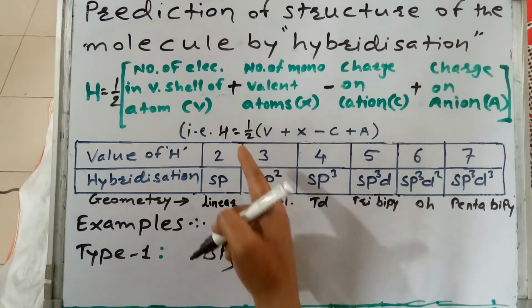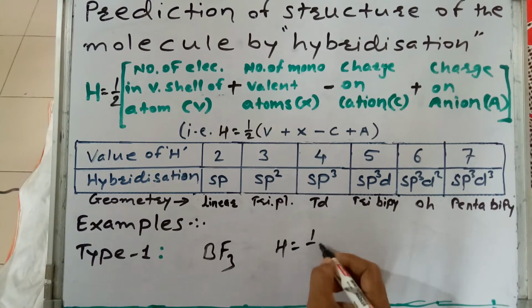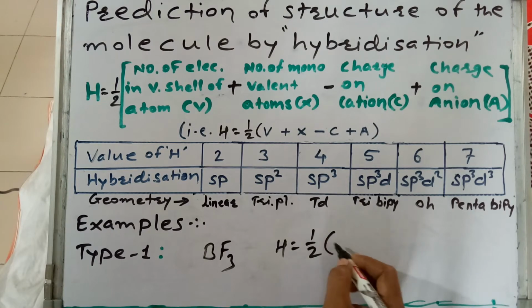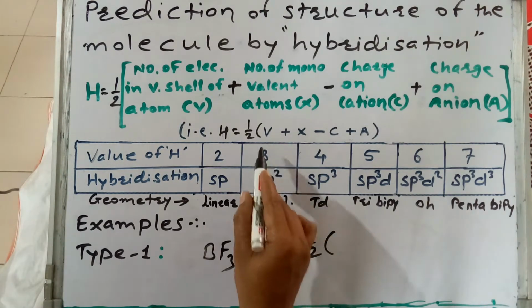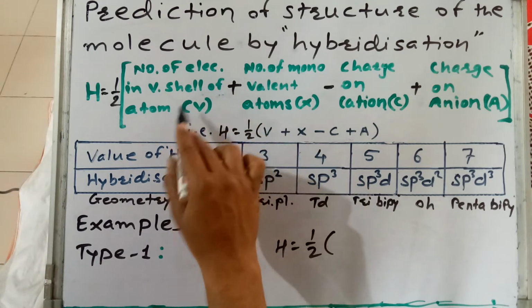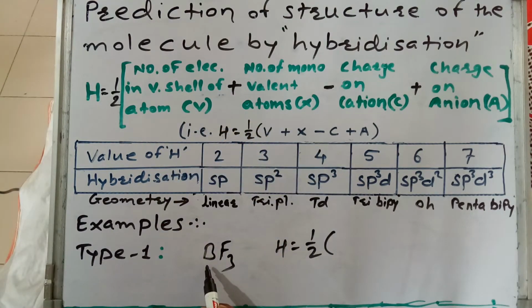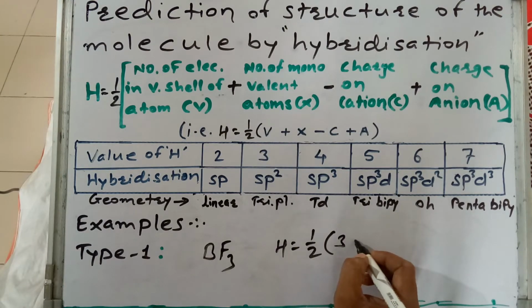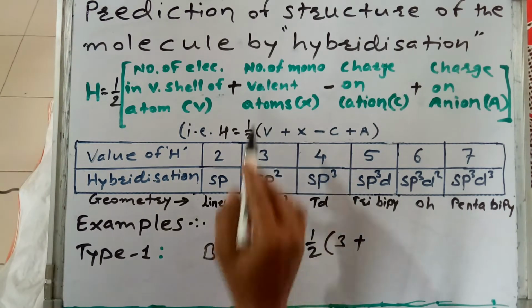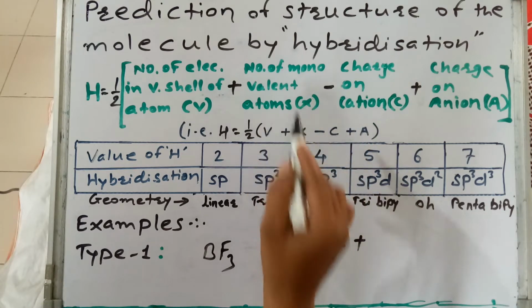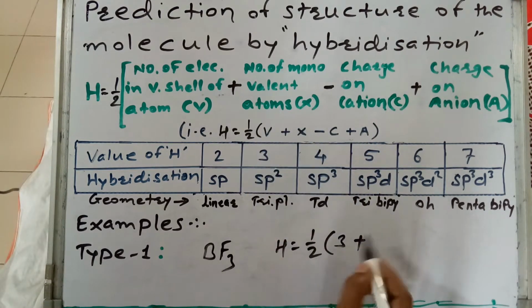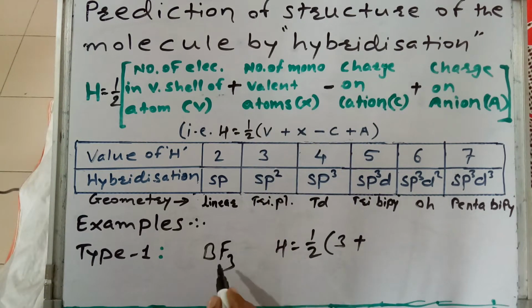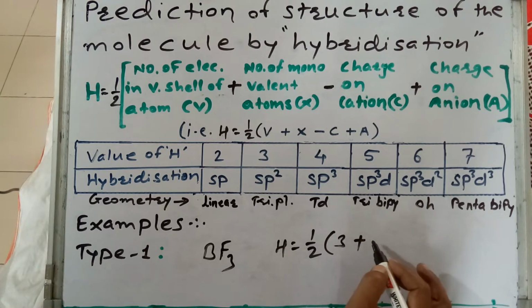You know that H is half of V, which stands for the valence electrons of boron. The valence electron of boron is 3, plus X, which stands for the number of monovalent atoms around this central atom. All these fluorine atoms are monovalent, so this is 3 monovalent atoms.